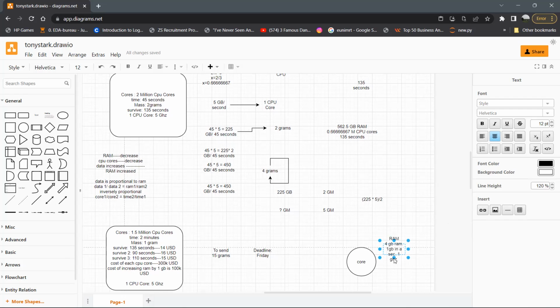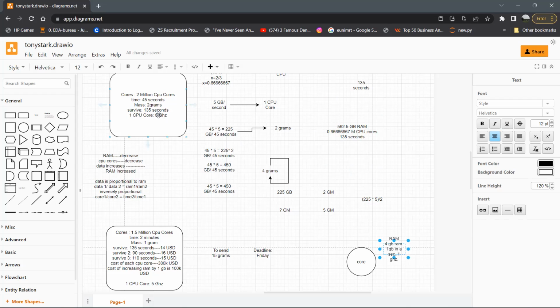For each of them there is something called clock speed: how many calculations it is able to make per second. It is measured in hertz, so per second.